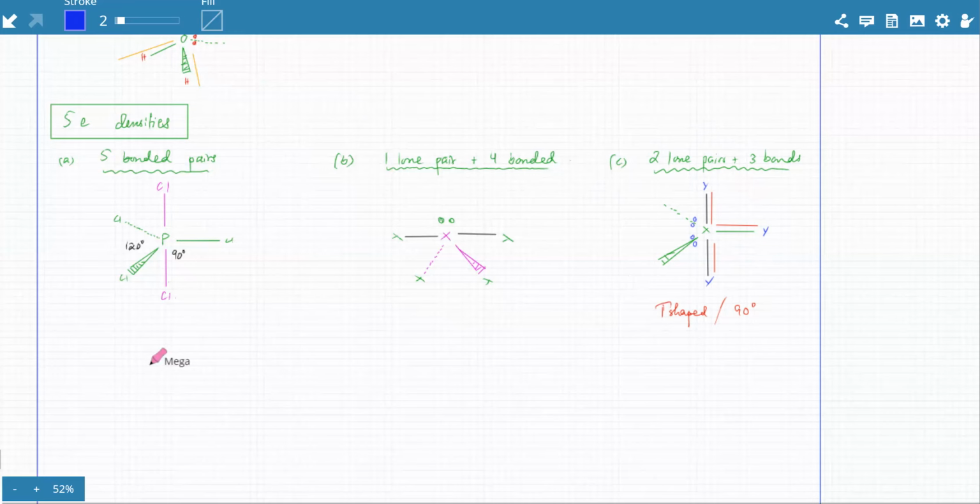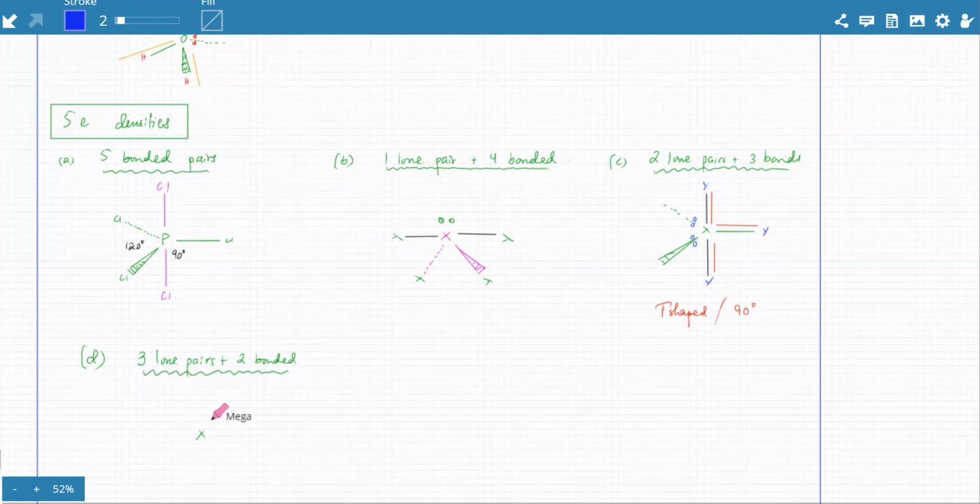And the fourth version, D, is if you have three lone pairs and two bonded pairs. In this case, what would the shape look like?